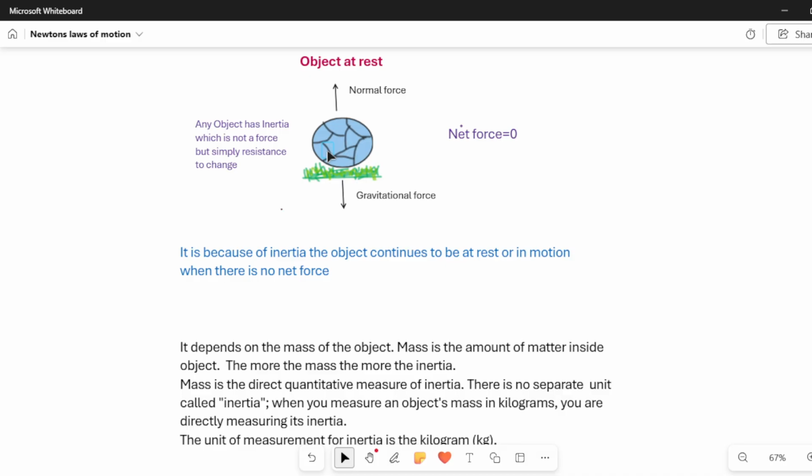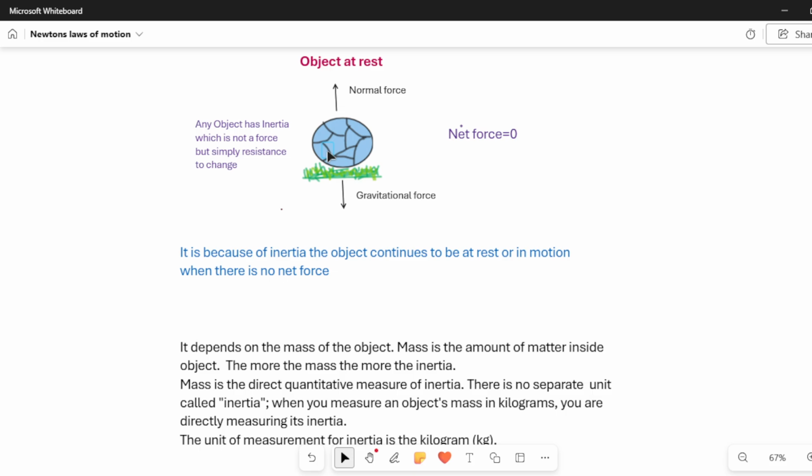Now, if there is no inertia, even if there is a big rock, just by touching it the rock will move from its position because it does not have any resistance to change, so it will not continue to stay in that place. It's only because of this resistance to change that all these objects, your big rocks or big objects, are staying in position. It's only because of this resistance to change called inertia.